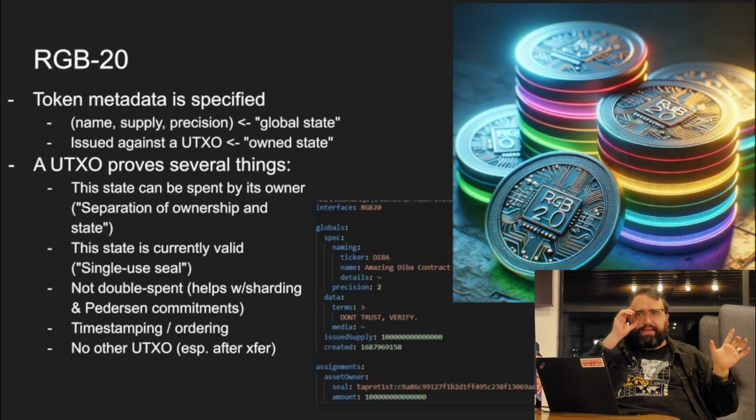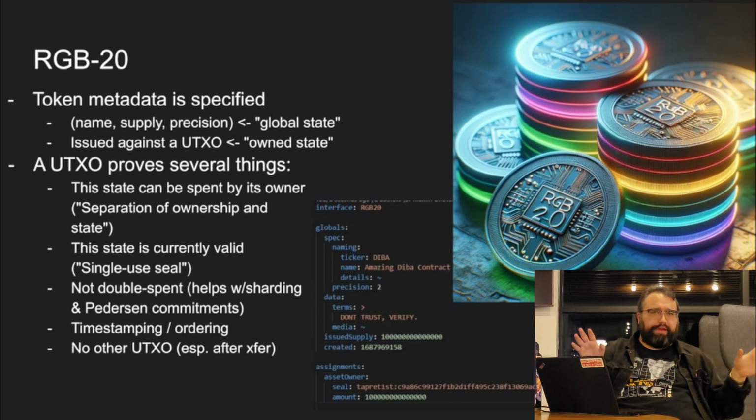This is state that everybody who has this contract will have the same, and then they'll also have some kind of metadata that's issued against a UTXO, and when that UTXO changes, it essentially proves that first of all the state can be spent by its owner.